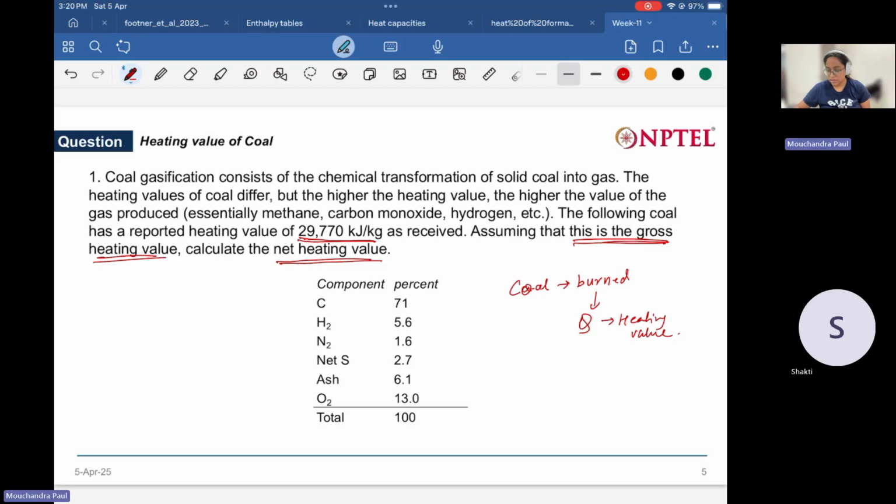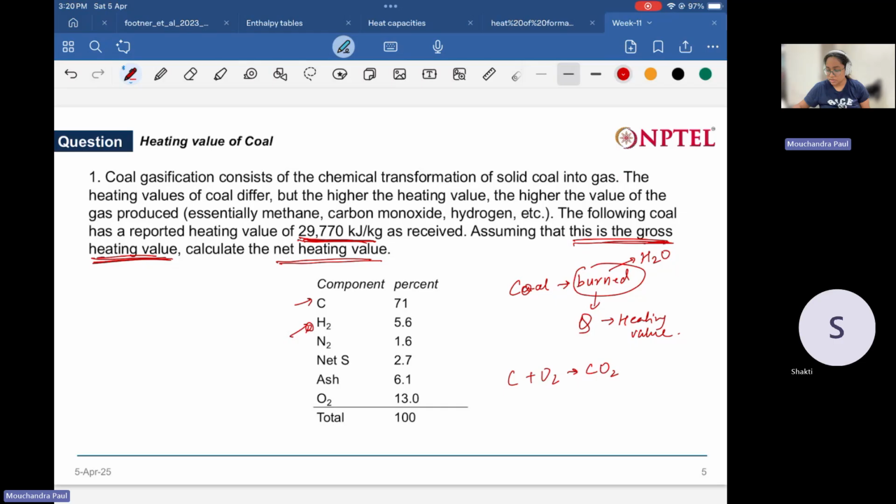The value they have given is the gross one, but we have to consider the fact that during burning, some water also gets generated. Coal is essentially carbon, so when you combine carbon with oxygen, you will get CO2, and it also has some hydrogen as a component.